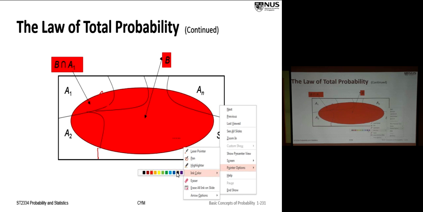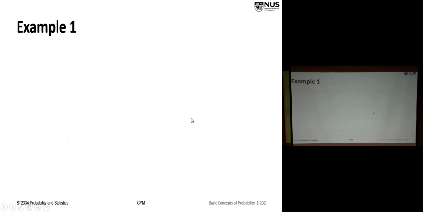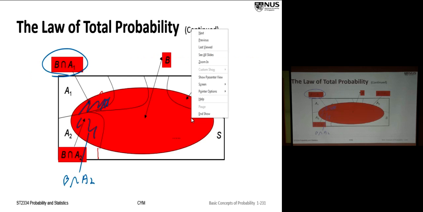This is the part B intersect A1, this is the part B intersect A2, and so on. So basically, we just look at B and look at the part that B has in common with the Ai and then add them together. This is how we get the total probability.